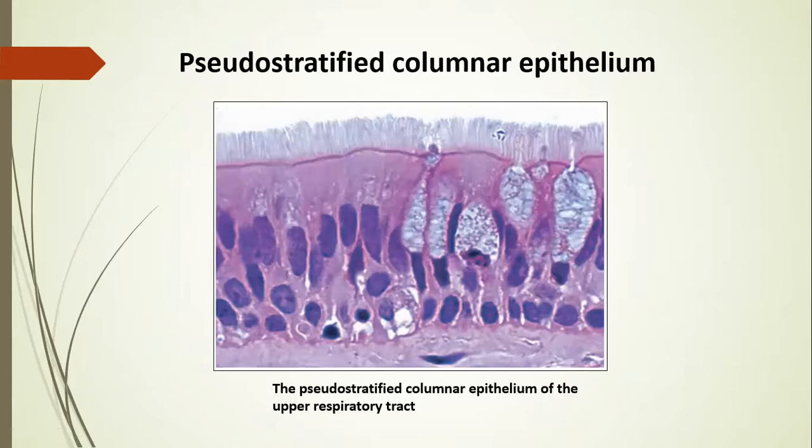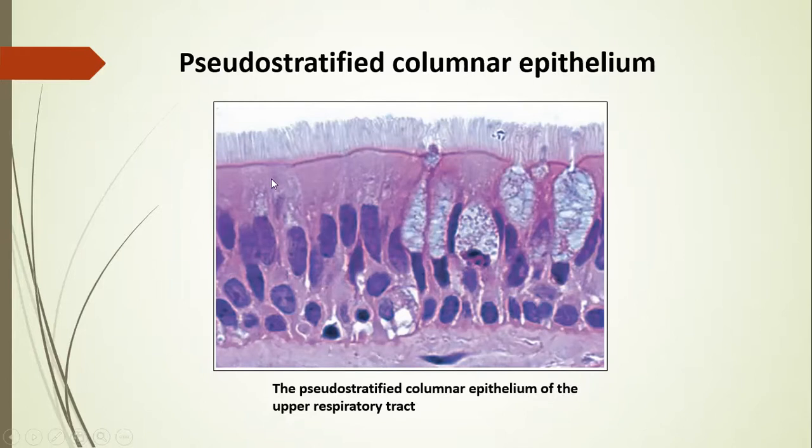All the cells are attached to the basement membrane, but not all of them reach the surface. Some of them are shorter, some of them are taller and reach the apical surface, and we have some cilia here on the apical surface. This is an image of pseudostratified columnar epithelium of the upper respiratory tract, either in the nasal cavity or in the trachea.